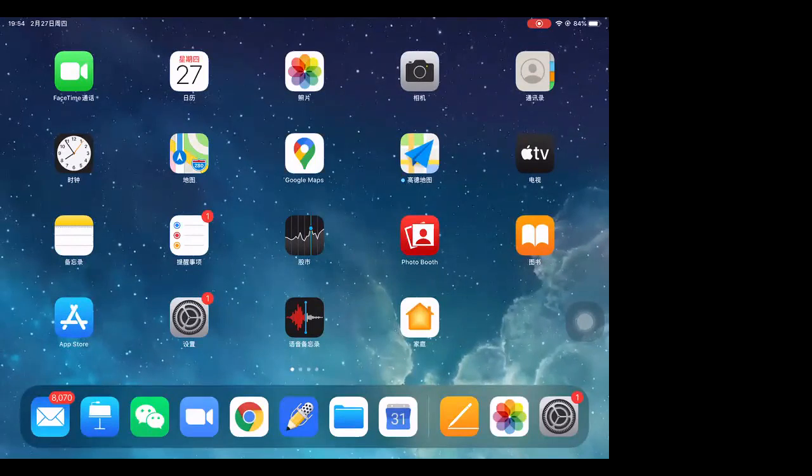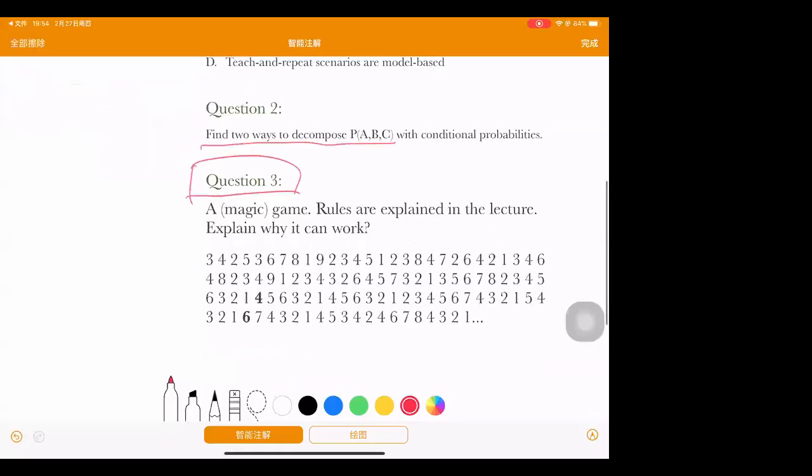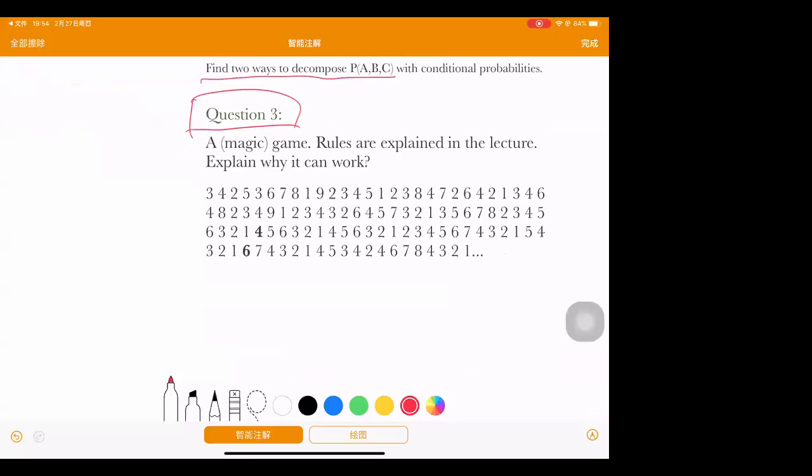And if we go back to the lecture questions, you can call this a summary of the Bayes network, or you can call it a summary of the Markov process. Right? We talk about a magic. It's a magic game.